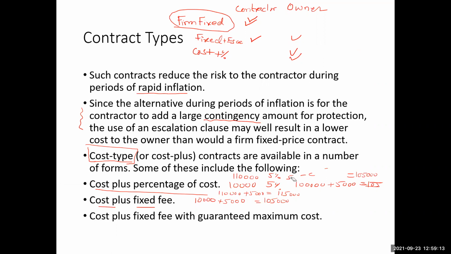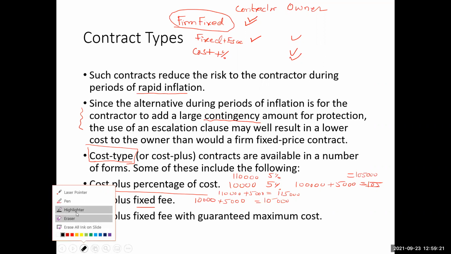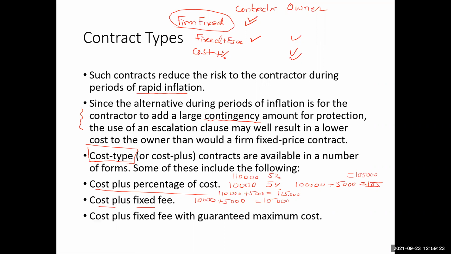So 110,000, 5% is 5,500. So the owner will pay how much? 110,000 plus 5,500, so the owner will pay 115,500.